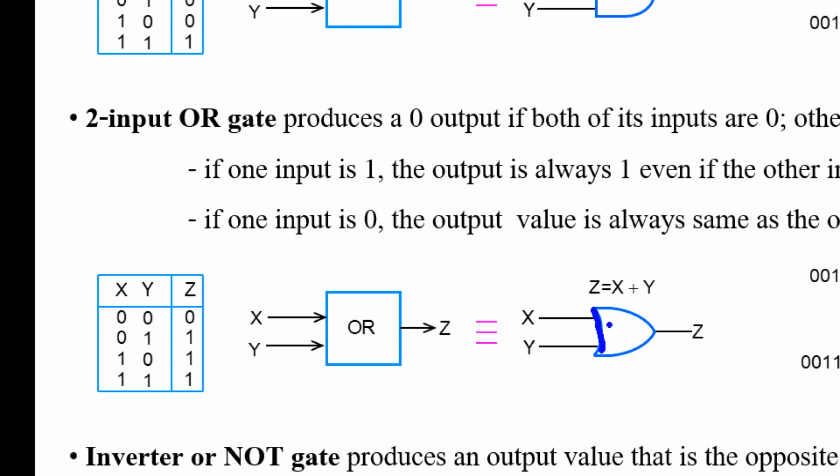We use this as the logic symbol for the OR gate, and we use the plus sign for the OR operator. Because 0 plus 0 is 0, 0 plus 1 is 1, 1 plus 0 is 1, 1 plus 1 is 2, but 2 also is high, right? Because a digital system can have only 0 or 1, so it's 1 here. So this is the operation.